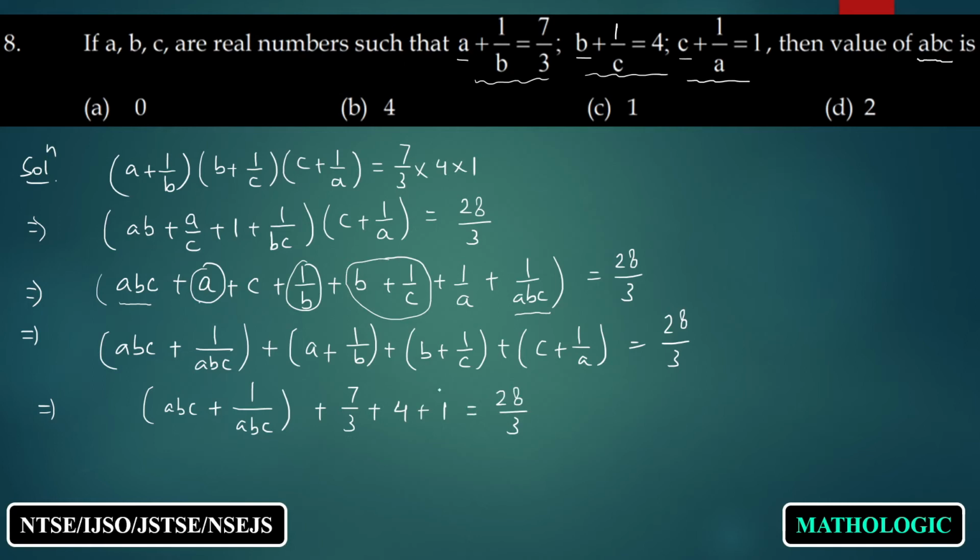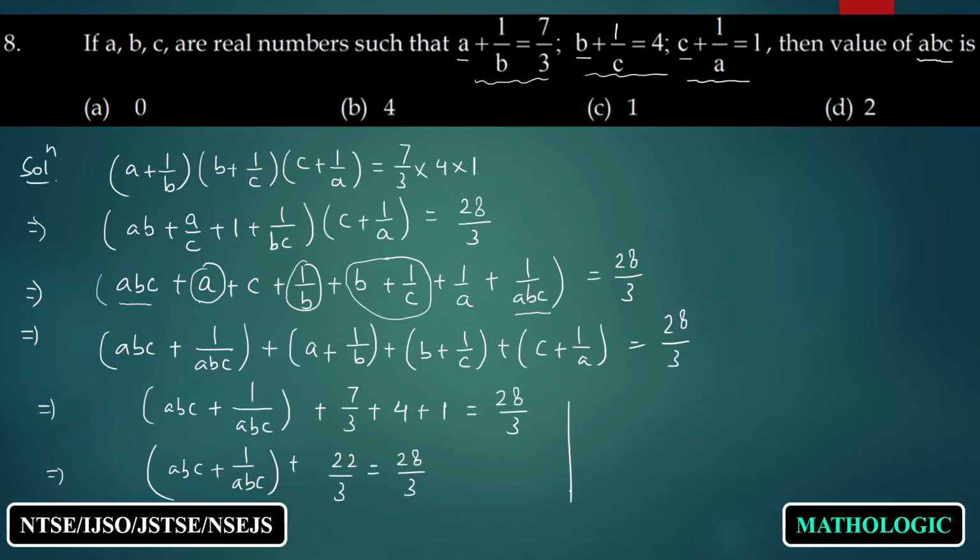So if I add all these three numbers, I will be getting ABC plus 1 over ABC. The LCM will be equal to 3, and I can write 3 times 4 is 12, plus 3 is 15, 15 plus 7 is 22. So 22 over 3 is equal to 28 over 3.